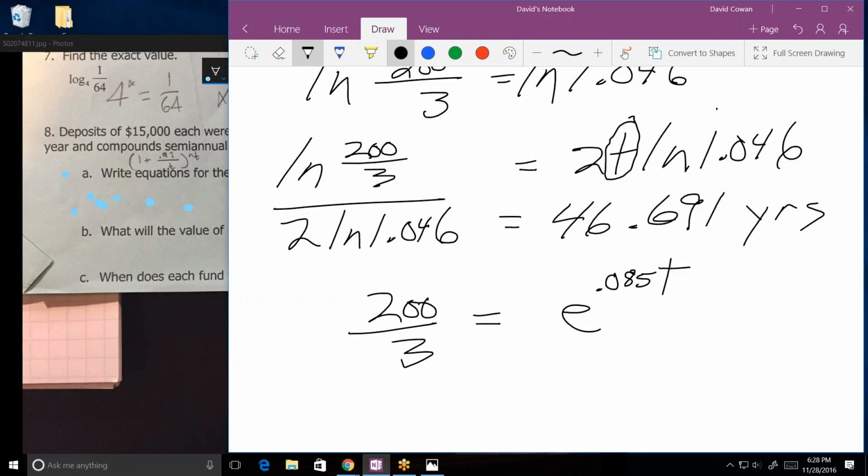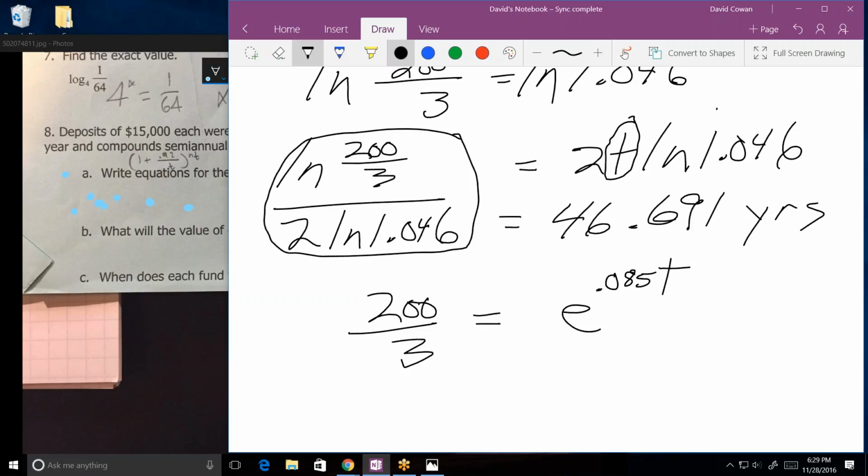Now, what I was going to say about this answer here, that you came up with 46.691 years. You'd have gotten that exact same number if you'd have used common log of that divided by 2 times common log of that. In other words, log ratios are the same. Oddly enough, who knew?